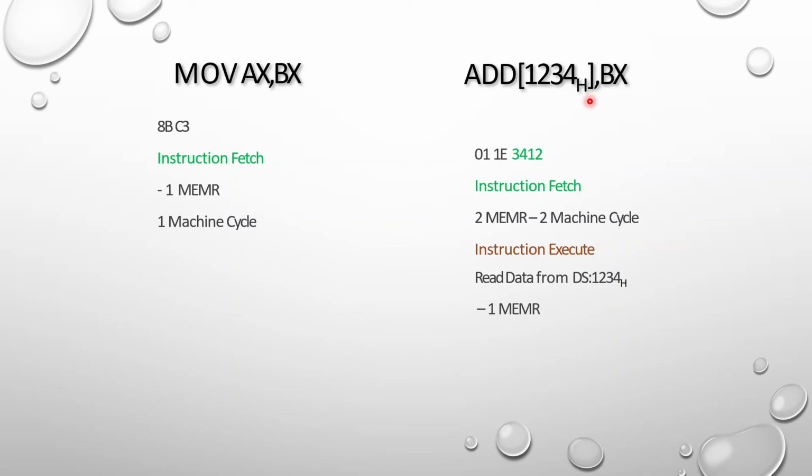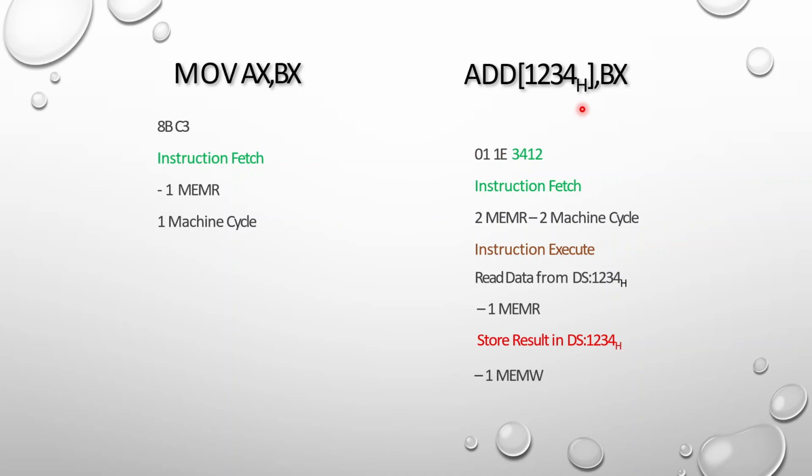After fetching the data, the instruction will get executed and then the result will be stored. Here you can see the result will be stored in memory. As it is external to the processor, we will require a bus cycle or machine cycle. We are going to store 16 bits of result in the memory, so I require only one machine cycle to store the result.